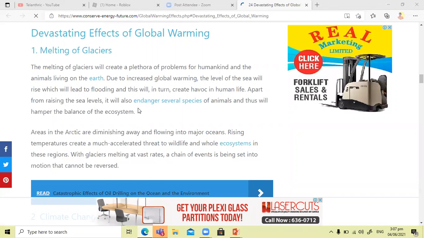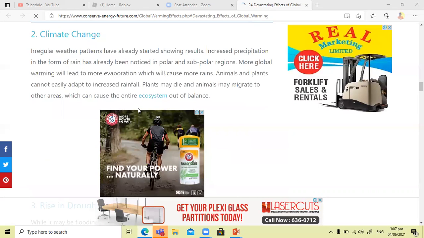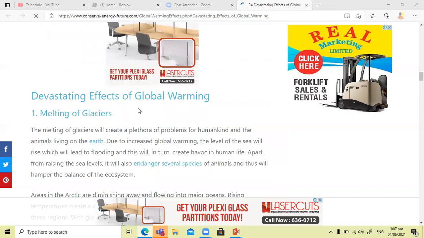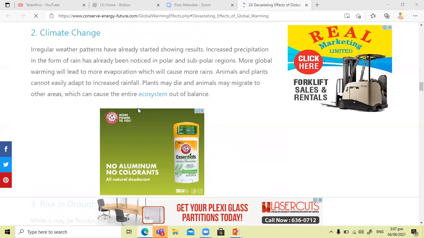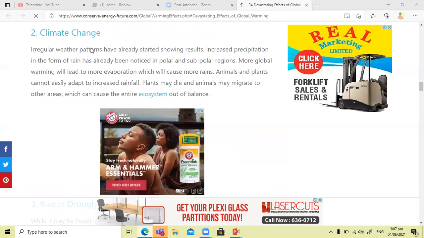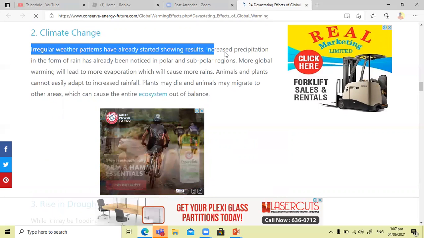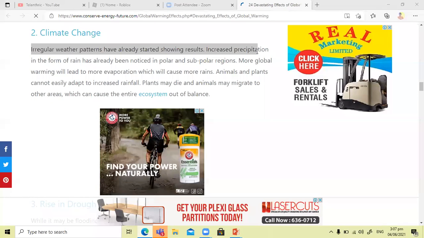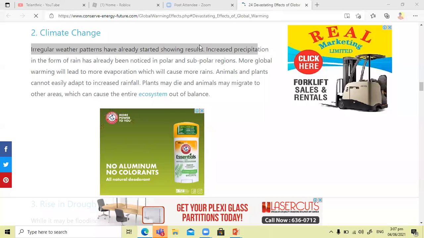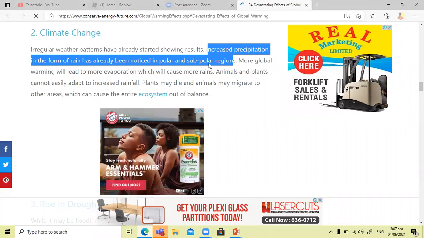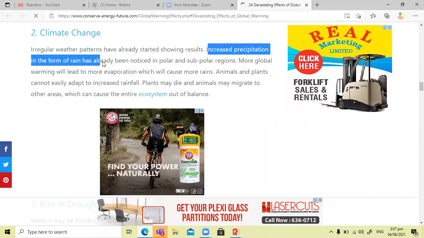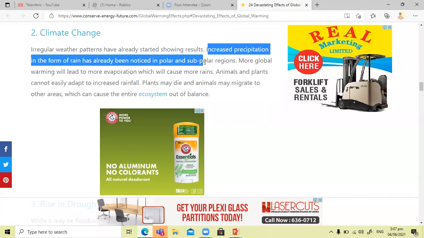Okay, so the next thing is climate change. Irregular weather patterns have already started to show results. Increased precipitation in the form of rain has already been noticed in polar and subpolar regions.